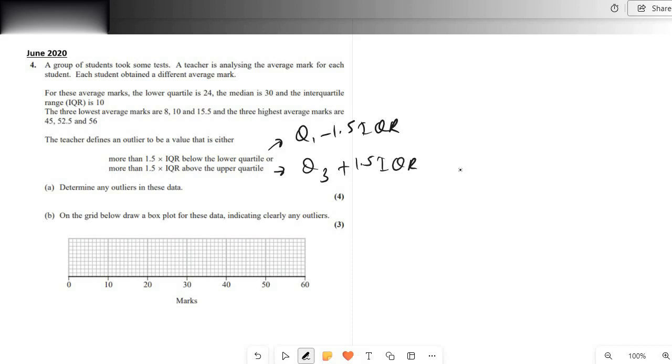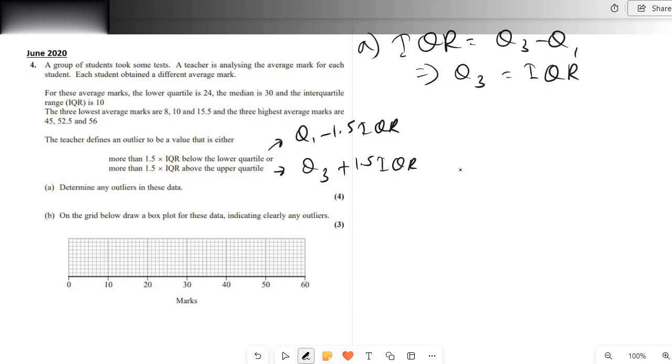So to determine for number A, any outliers in the data. First, let us find out the upper quartile, which is not given here, because we know that IQR is Q3 minus Q1. Therefore, we can say that Q3 is going to be IQR, or the interquartile range, plus Q1. Here the interquartile range is 10.